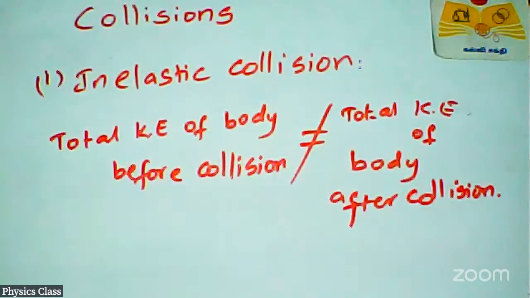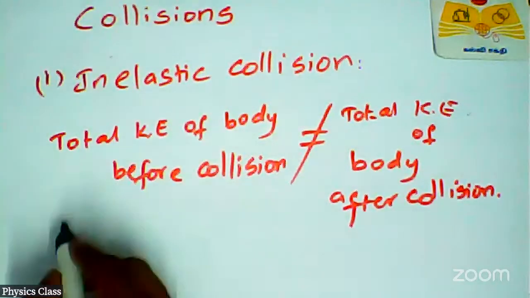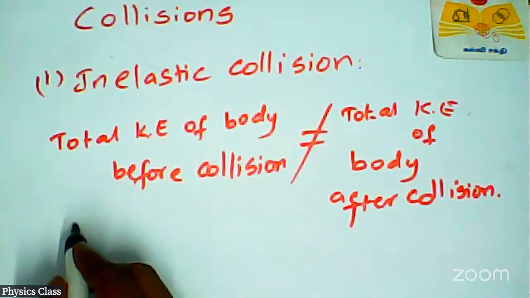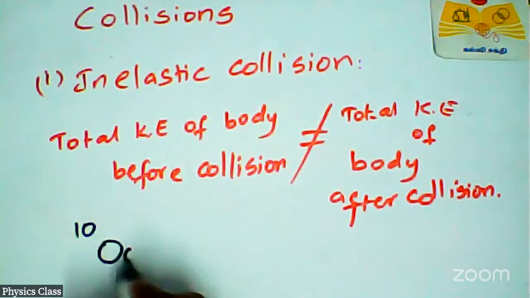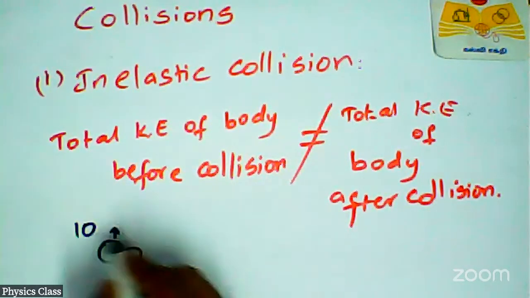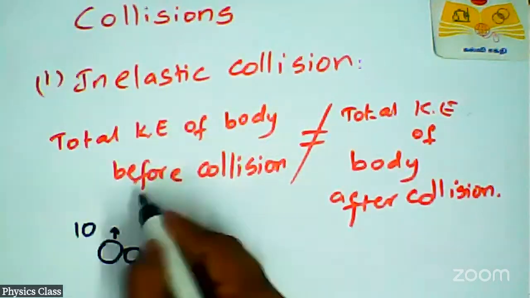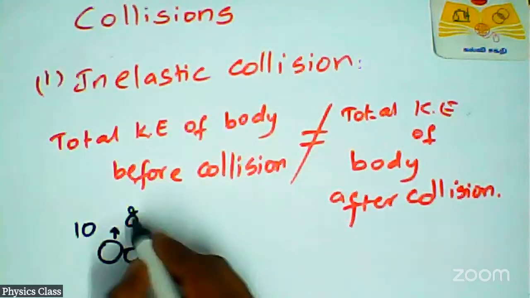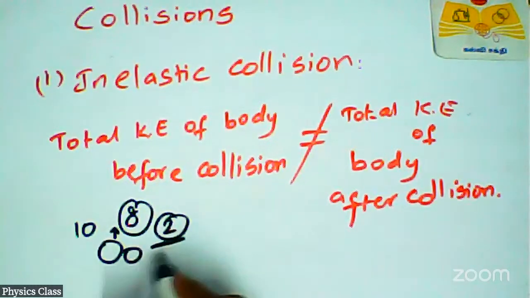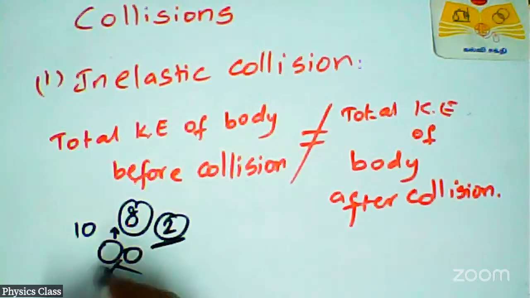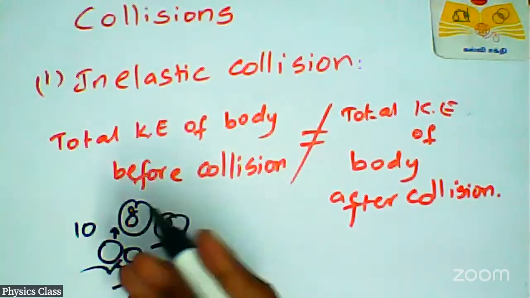You can put it in some form: the total kinetic energy of the first body is 10 before the collision, and after collision it becomes 8. There is a loss of 2, because these two units of kinetic energy are converted into light, sound, or heat.